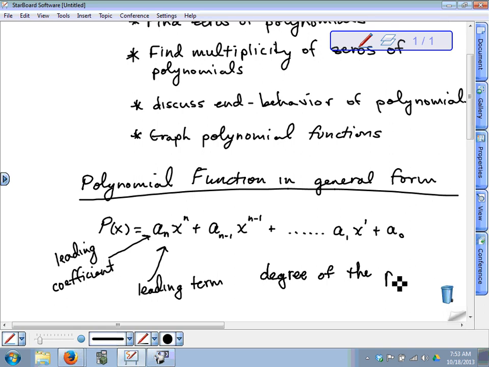The degree of the polynomial is the highest exponent. So when you're asked to consider the degree of a polynomial, what do you look for? The highest exponent. And if it's written in descending order like it should be, it's the degree of the first term. And the degree makes a big difference later on when we graph these. You have to consider the degree of the function in order to have an accurate representation of the graph.